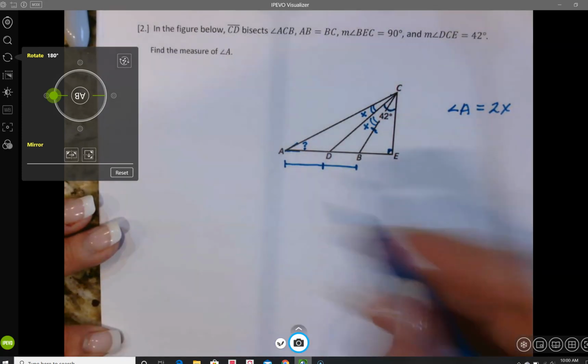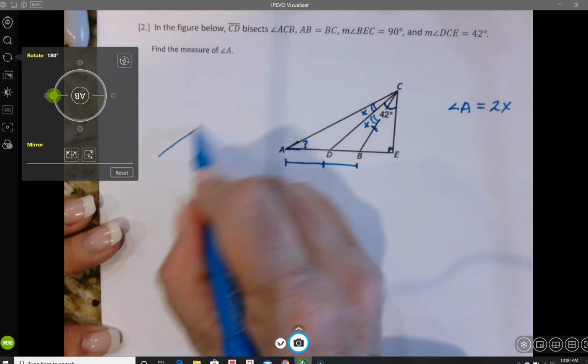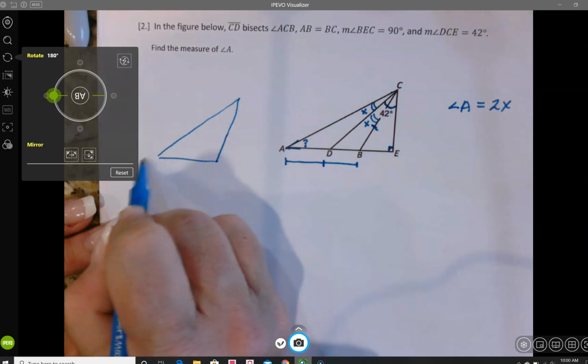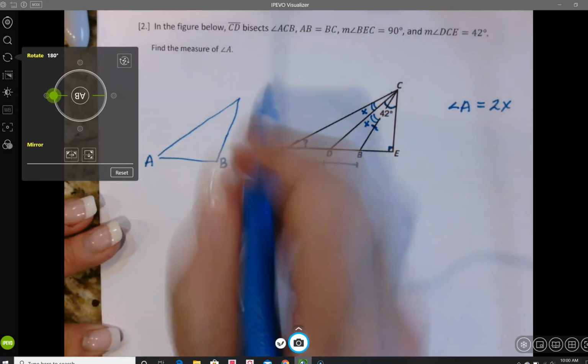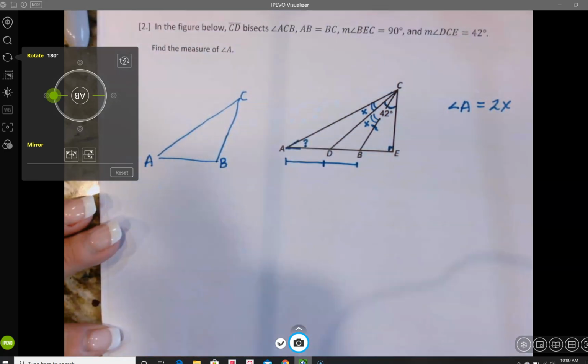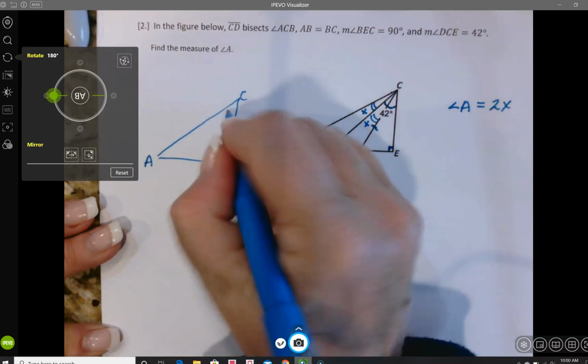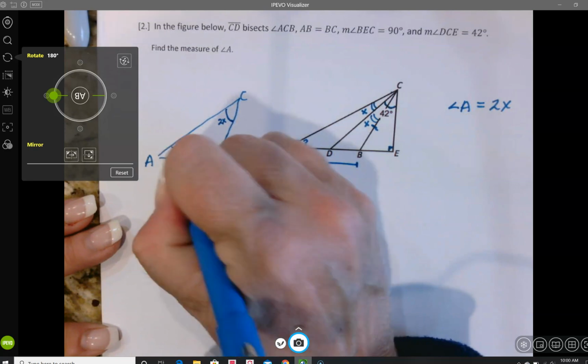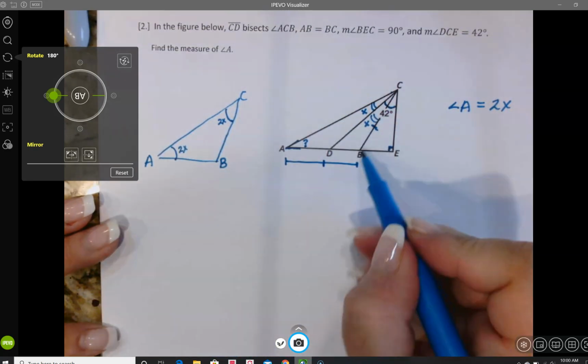So if I just pulled triangle ABC out of the picture, so that we wouldn't have all the other things to distract us, this angle here would be 2x, and this angle here would be 2x.